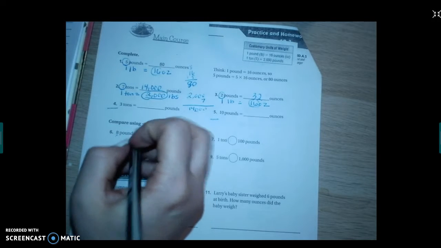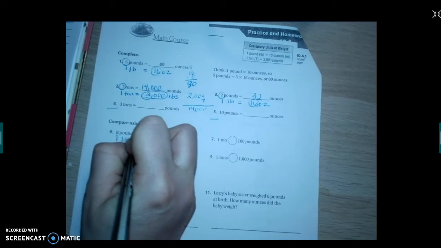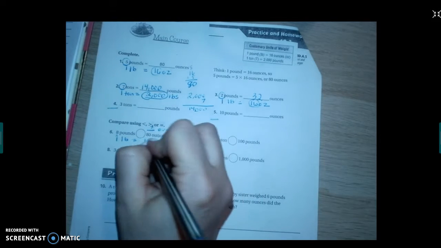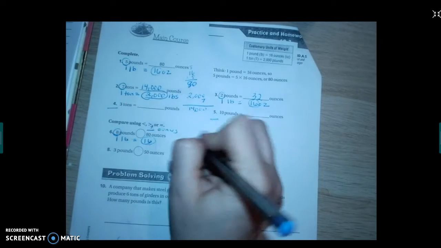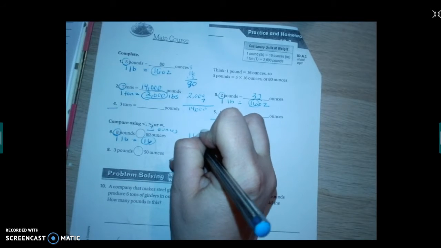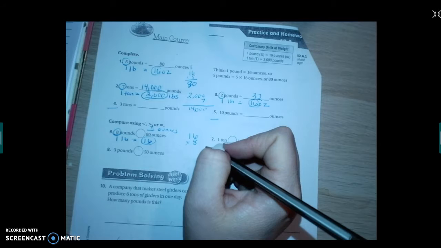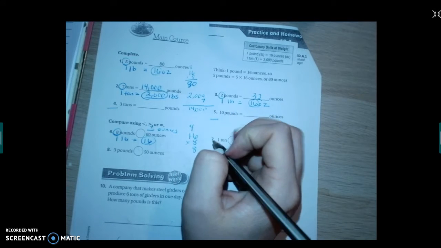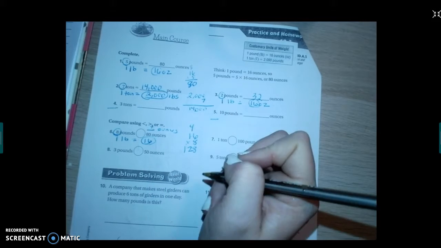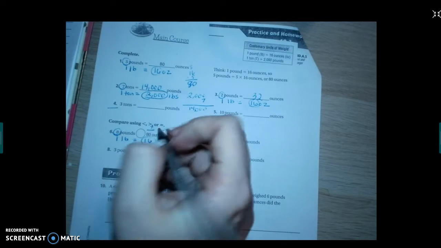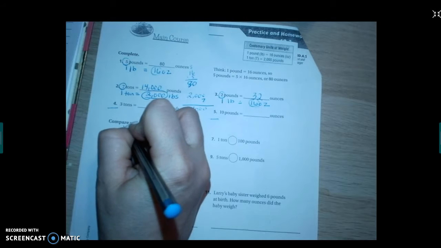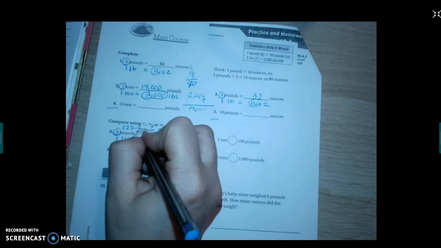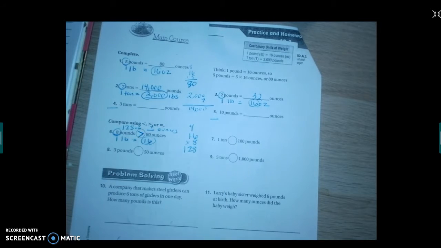Well, I know that 1 pound equals 16 ounces. So 16 times 8. 6 times 8 is 48. 8 times 1 is 8, plus 4 is 12. So 8 pounds equals 128 ounces. So 8 pounds is actually greater than 80 ounces.